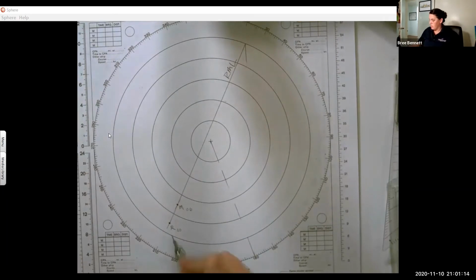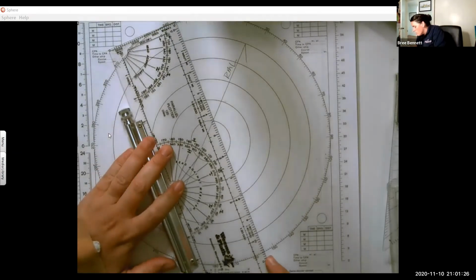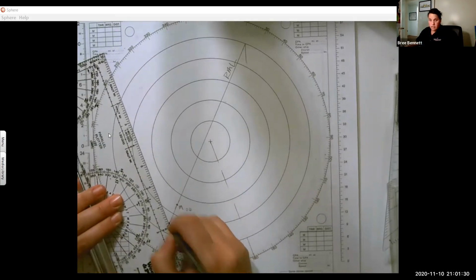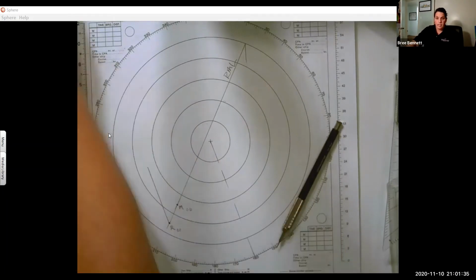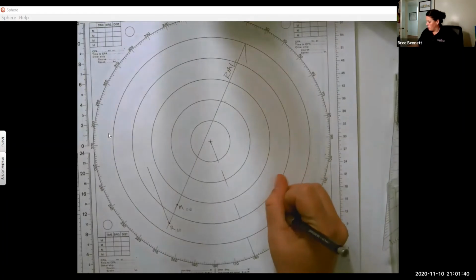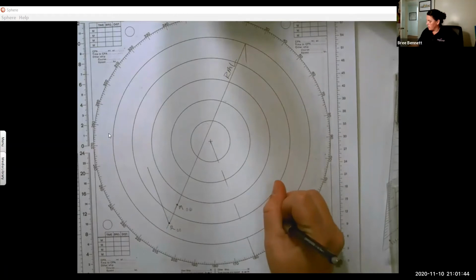So I have my relative motion line, my R and M at 0 and 0, 6. Then I'm going to plot my E so I can figure out what they're doing. So I parallel over my heading, and my own ship was 160 at 15 knots.